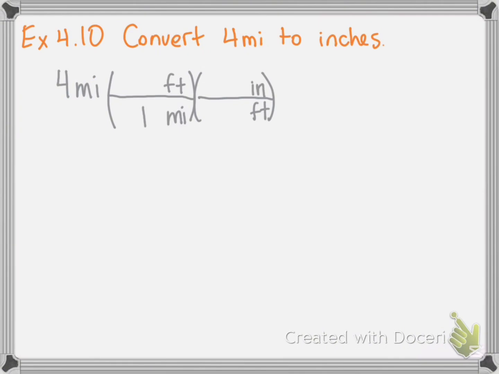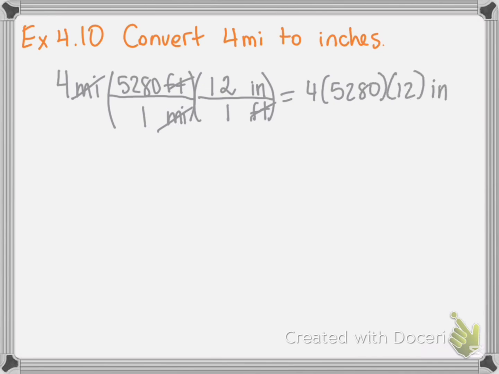So 1 mile, 5,280 feet, and 1 foot, 12 inches. And again, when the units cancel, we just multiply the numbers, and we have to put 4 times 5,280 times 12, and then the units, which are inches.